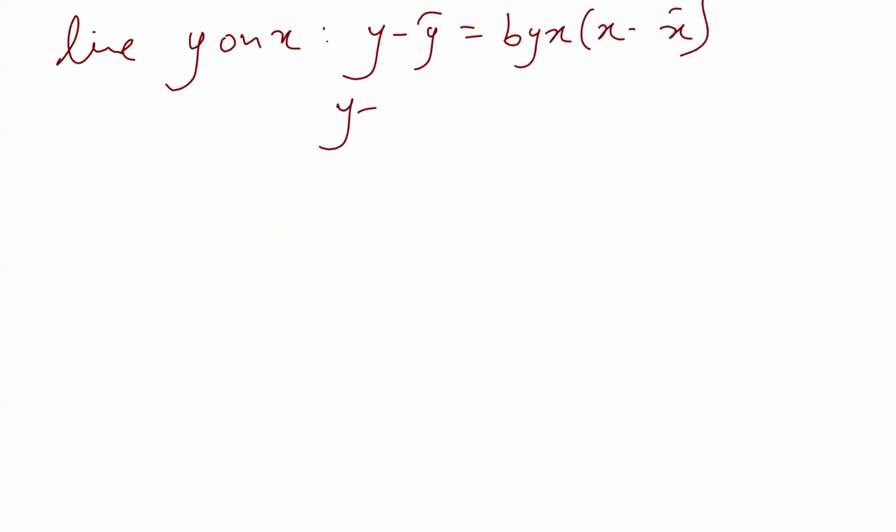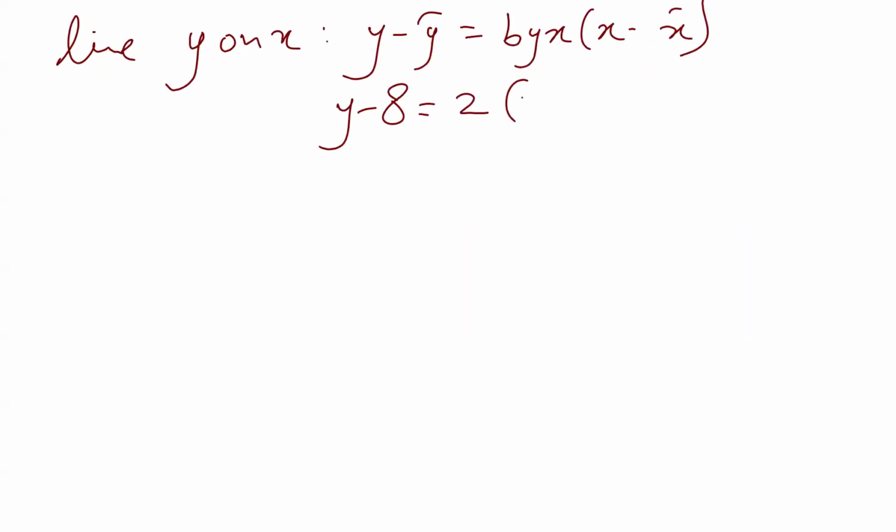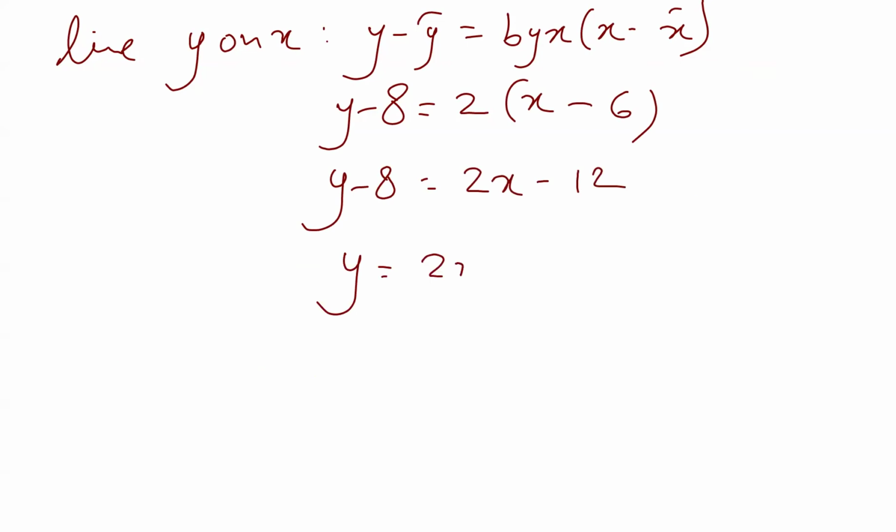So y bar is nothing but 8, byx is 2. If I'm not wrong, yes. So byx is equal to 2, x minus x bar is equal to 6. So y minus 8, 2x minus 12, y is equal to 2x minus 12 plus 8. So 2x minus 4. So this is your line y on x.